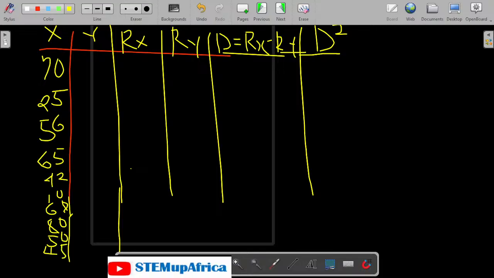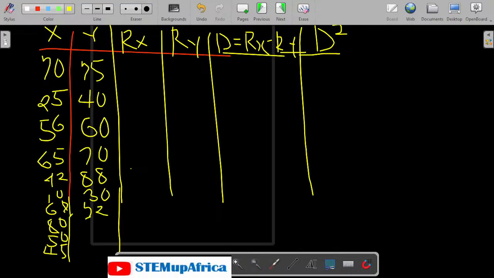Then for the Edu 821, the first number is 75, followed by 40, followed by 60, followed by 70, followed by 88, followed by 30, then we have 72, we have 60, we have 90, and lastly we have 60.